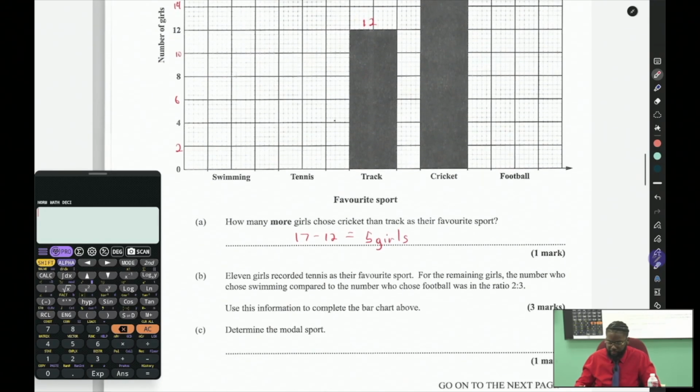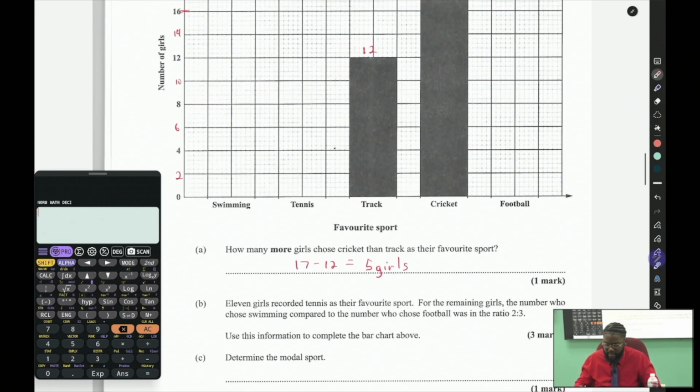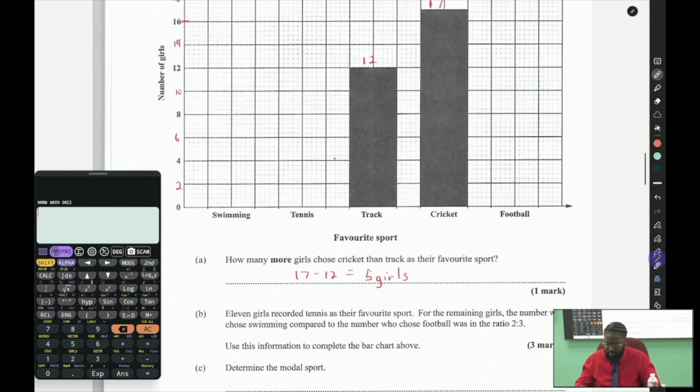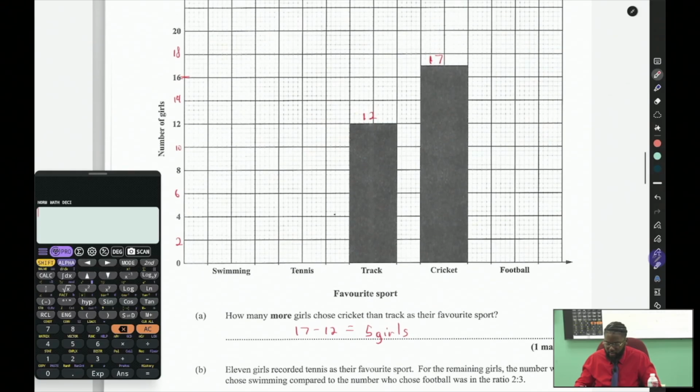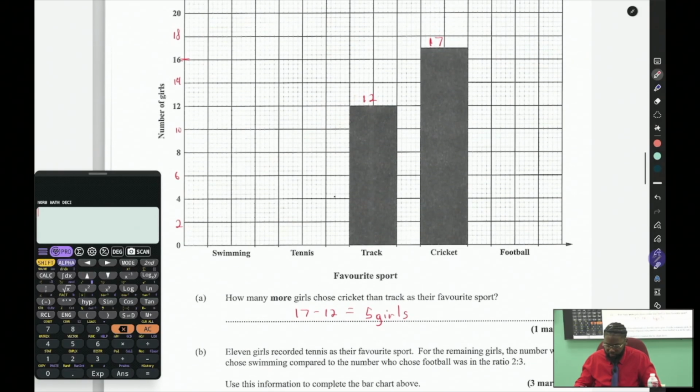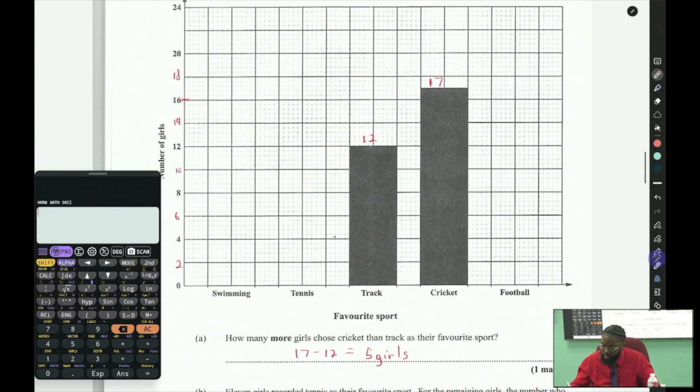All right. Now 11 girls recorded tennis as their favorite sport. So we need to put that into our graph. Tennis would be 11 girls. Let's look at the graph. We have 10 here, 12 here, and in between would be our 11.